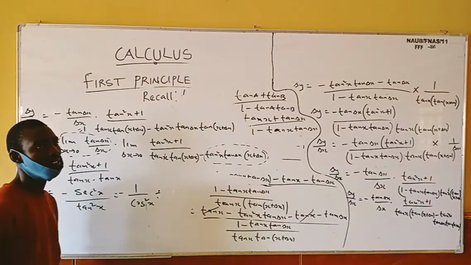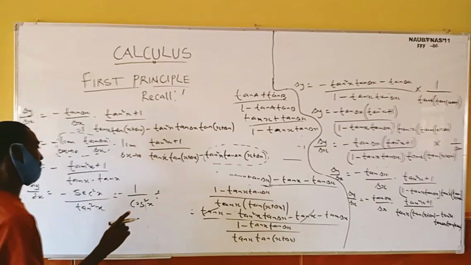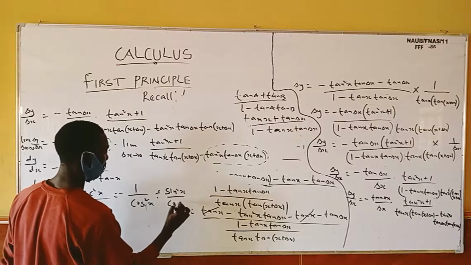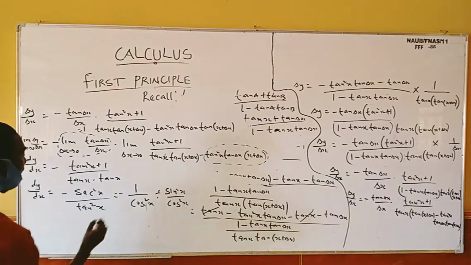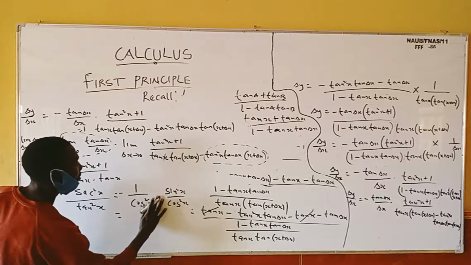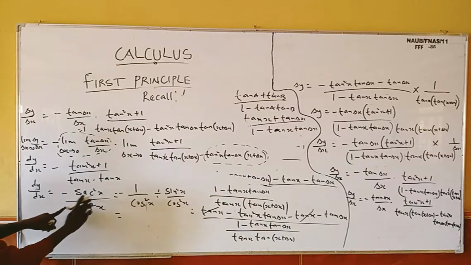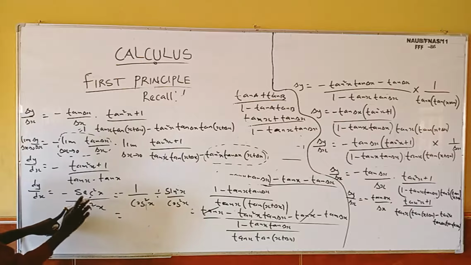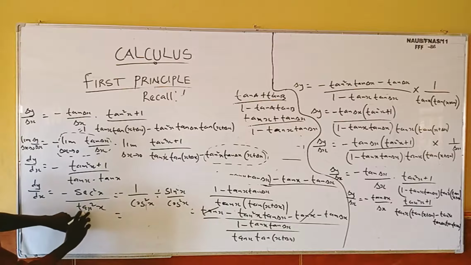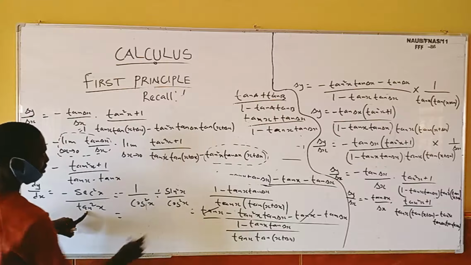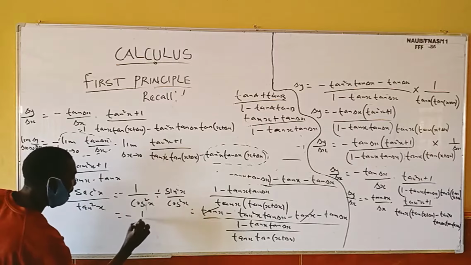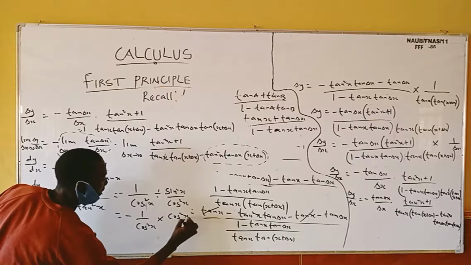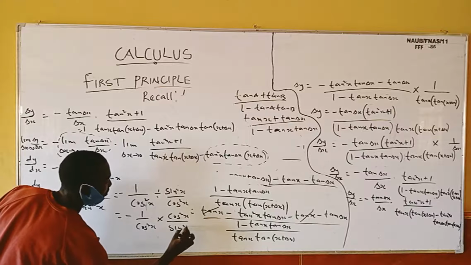Tan square s is nothing but sine square s all over cos square s. Please don't forget, this is division. So sec square s is 1 all over cos square s, divided by sine square s over cos square s. So minus 1 all over cos square s times cos square s all over sine square s.